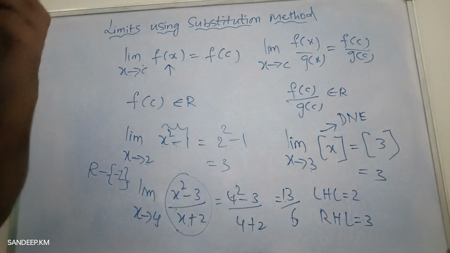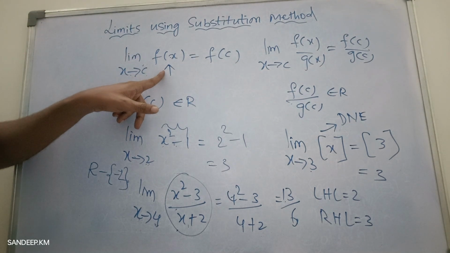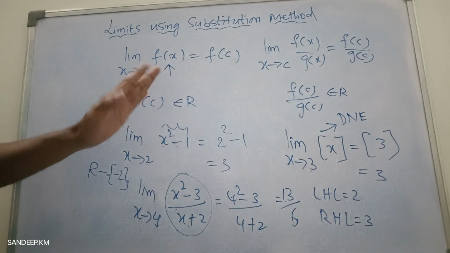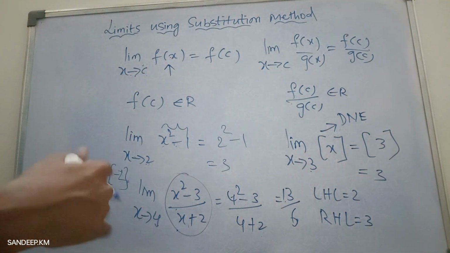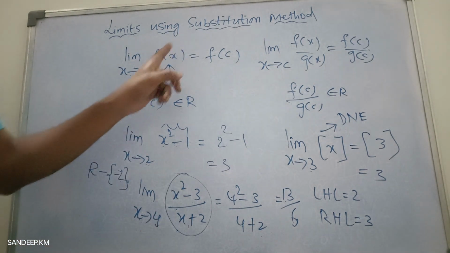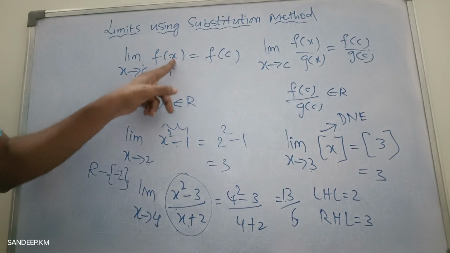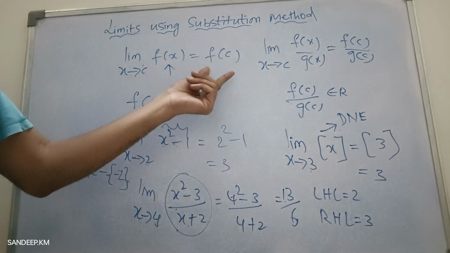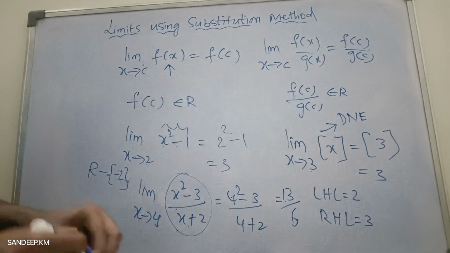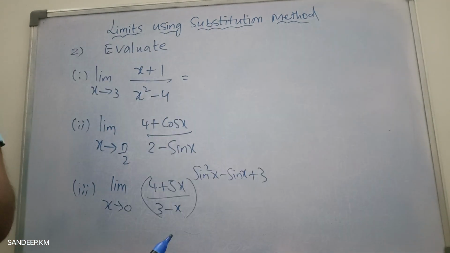So remember once again, I can use the substitution method here only if I know that f of x is continuous at x equal to 3. By practice, it will become a habit. And when I substitute x as c, I get f of c as the answer, and this must be a finite real number. Let us see some examples to get used to the substitution method.